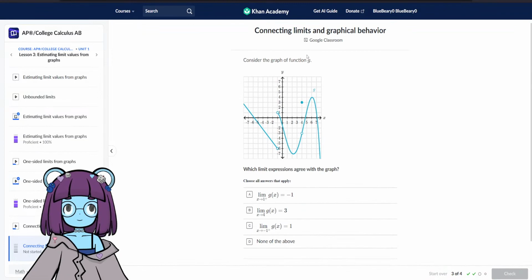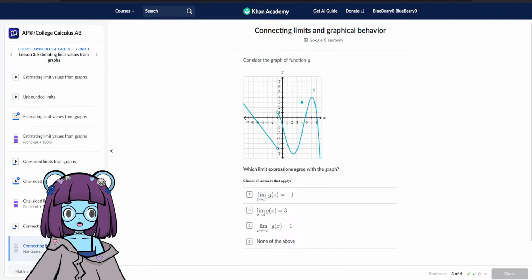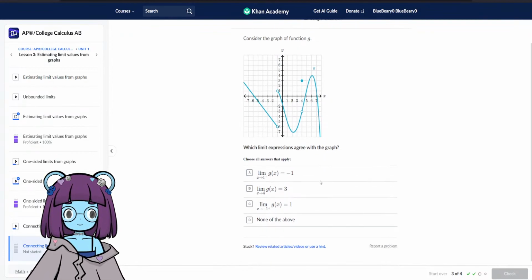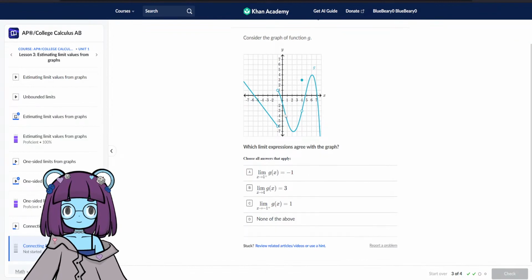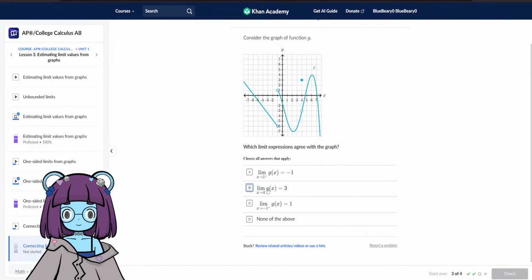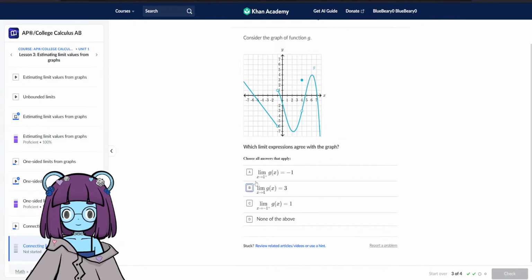Consider the graph of the function g. Which limit expressions agree with the graph? Let's see. Equals 1 from the right side. That's not correct. It's not -1, that's a positive 1, right? Yeah, 1 from the right side. So that's not -1.